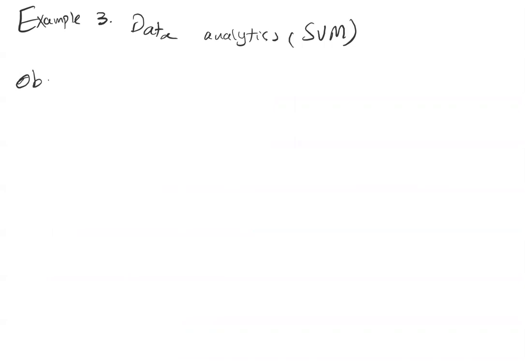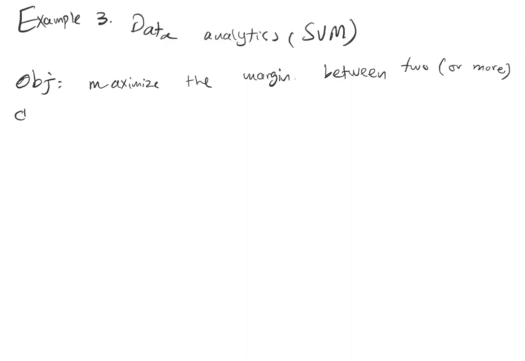Our objective is to maximize the margin between two or more classes of data. Okay, let's consider I have some data here, I have some data here. I call this class A, and this class B.